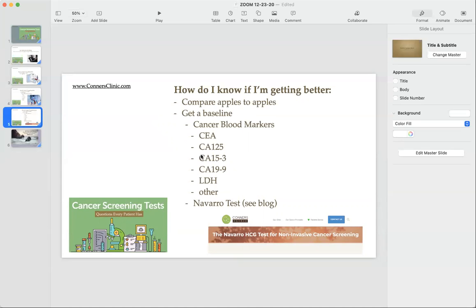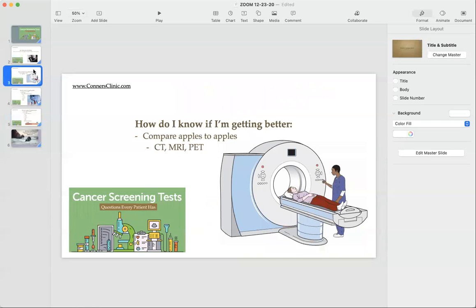So that's another test to know, how do I know if I'm getting better? You could use the Navarro test. Again, going through that, how do I know I'm getting better? The best ways to compare apples to apples are CT, MRI, and PET scan. And I could spend another hour talking about how these aren't perfect either. Even though these are gold standard, they are not perfect. We've had cancer patients that did a CT scan, and oh my gosh, it looks worse, but the patient's symptoms are way better.